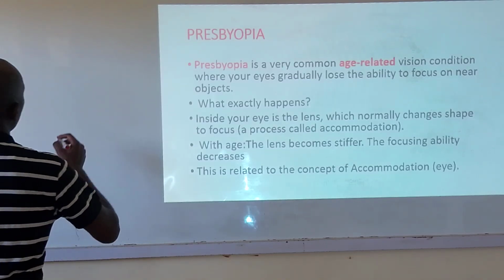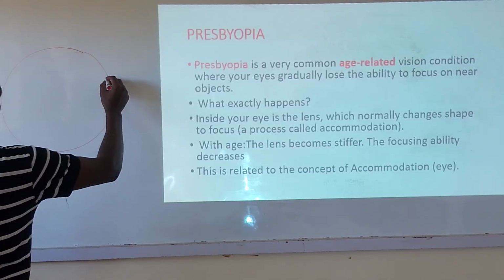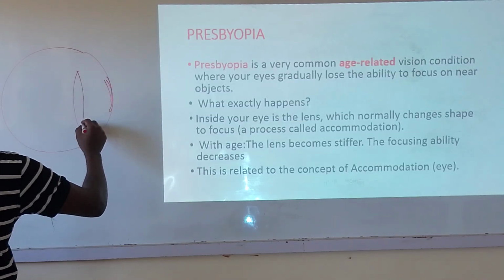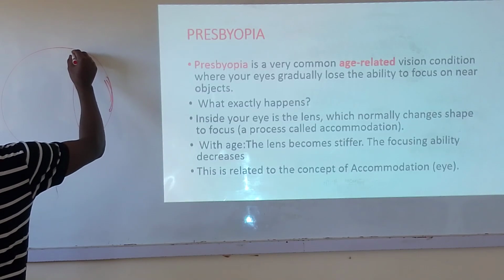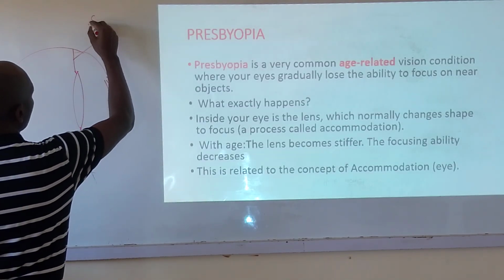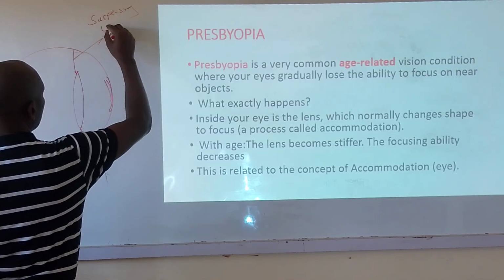So, when you have your eye here, and this is the cornea, and this is the lens, and this is the suspensory ligaments. These ones we call suspensory ligaments.